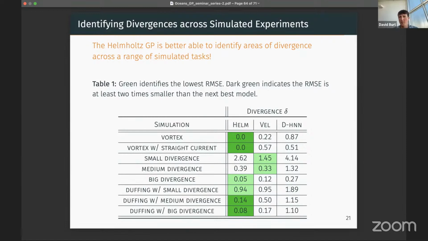So dissipative Hamiltonian neural nets, where they just try to directly learn the divergent and rotational components with neural nets. And this method really struggled on the tasks that we tried. We were usually trying with very few observations, so it could be that the neural nets just didn't have enough data to learn from.